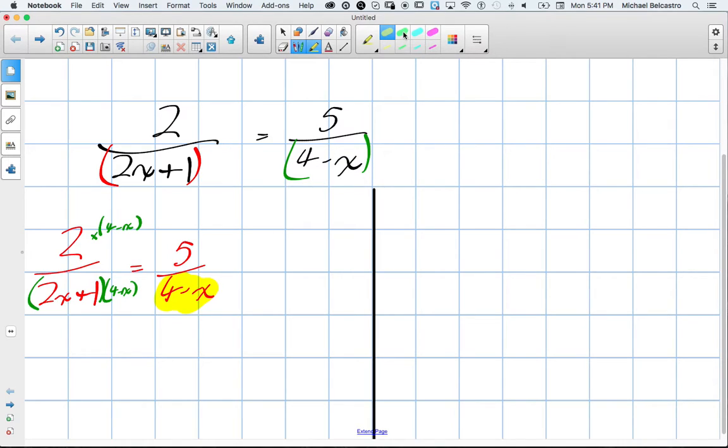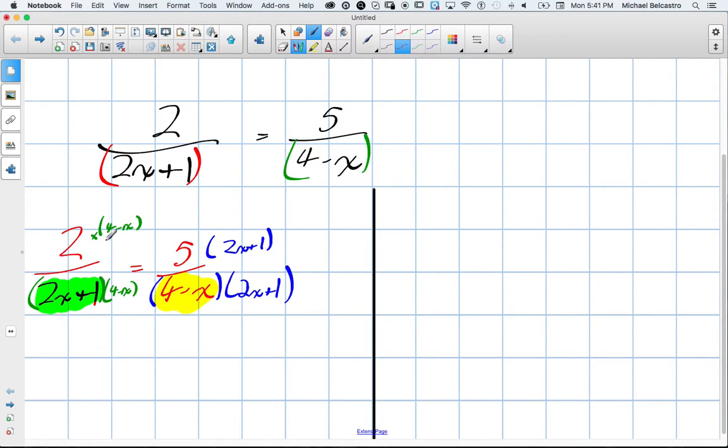And then we're going to do vice versa. We're going to get this denominator here and multiply it by this, 2x plus 1, and by this, 2x plus 1. Okay.